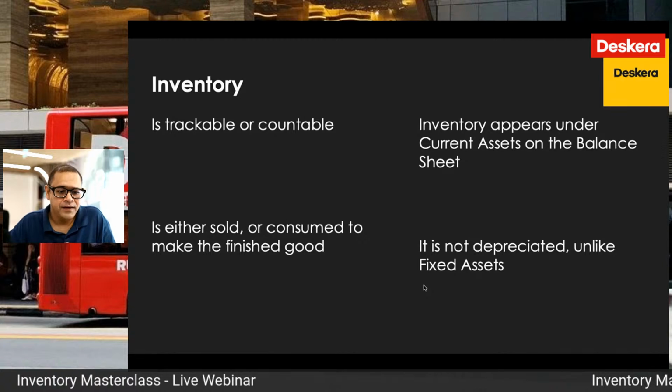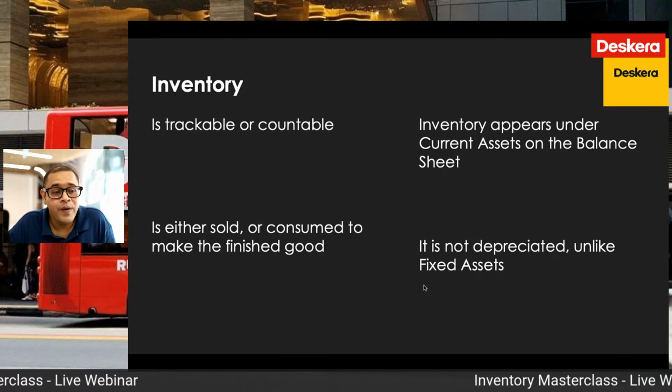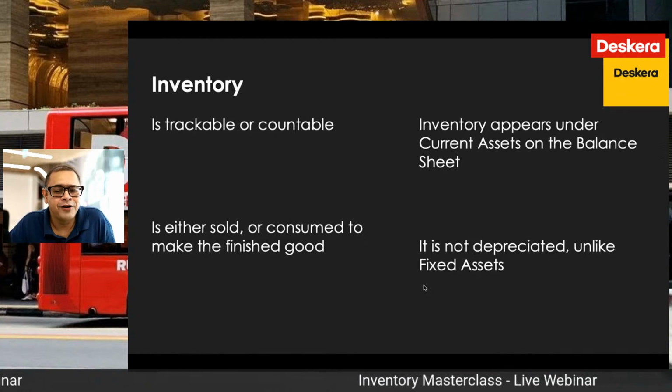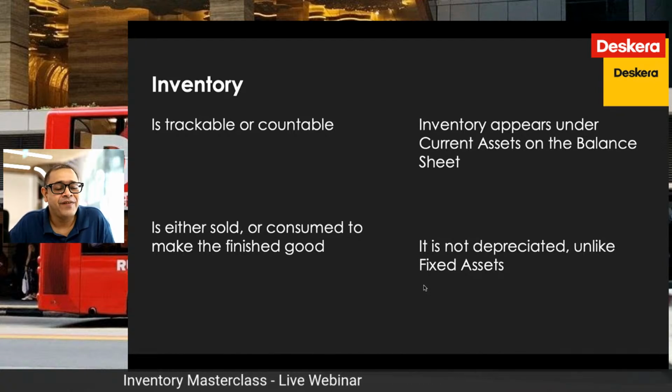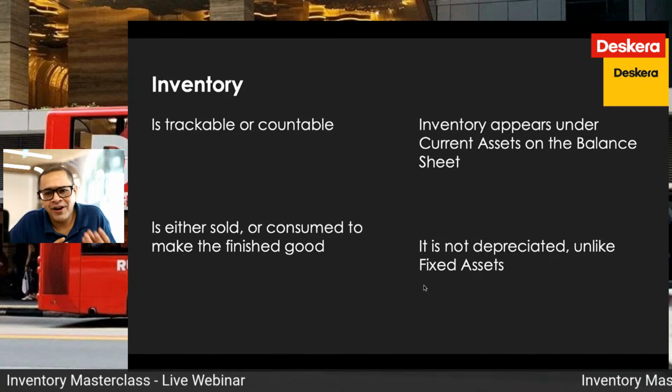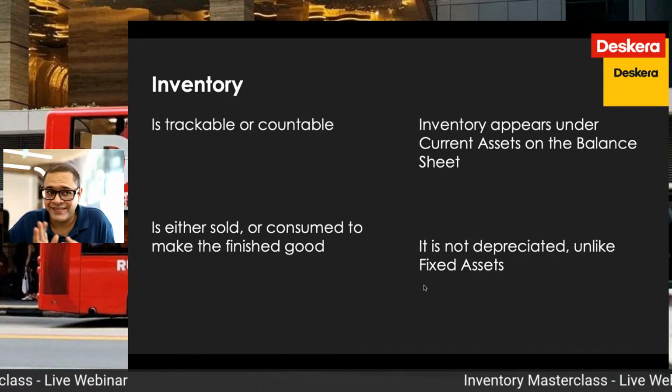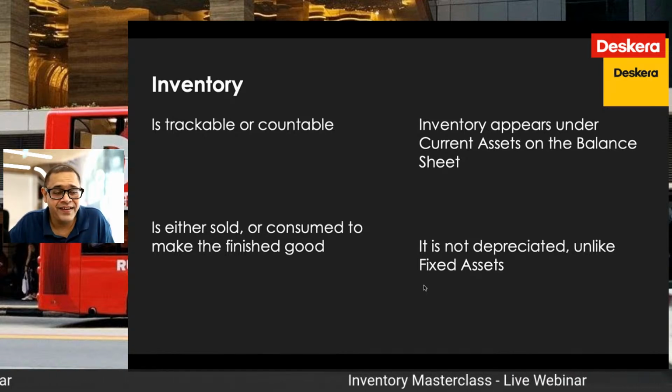Okay. Now, where does inventory appear on the balance sheet? It would appear under current assets. Why? Because all inventory is an asset. It's not a fixed asset. So we need to differentiate between fixed assets and current assets.